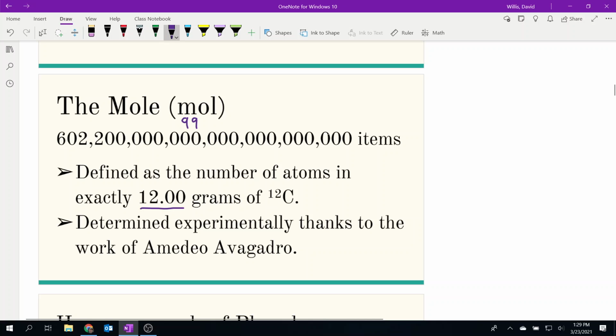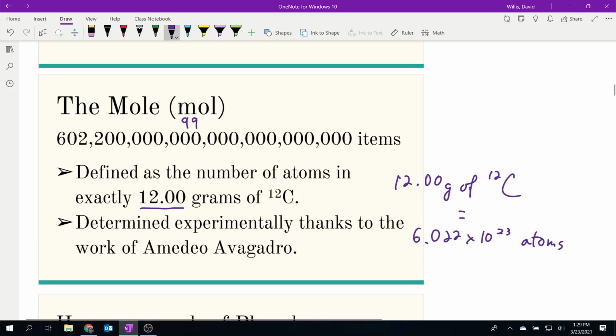So 12 grams of carbon-12. In other words, if you have 12.00 grams of the isotope carbon-12, you have this many atoms.